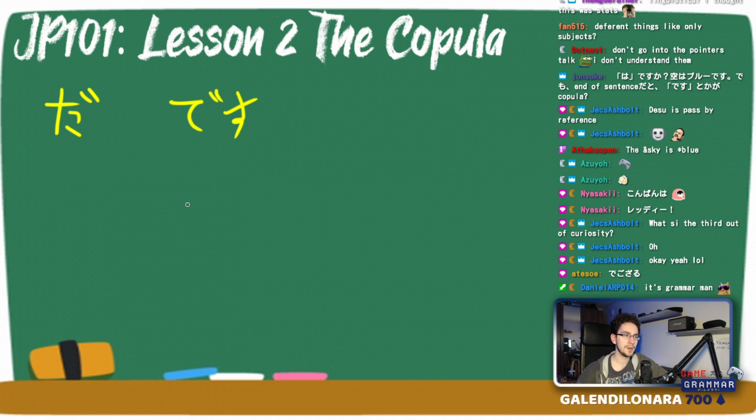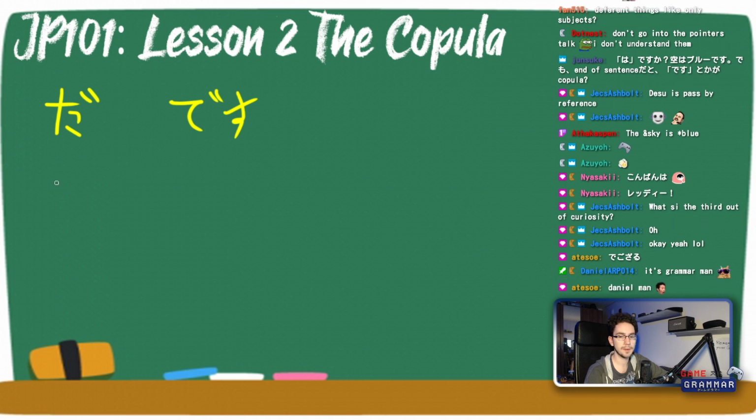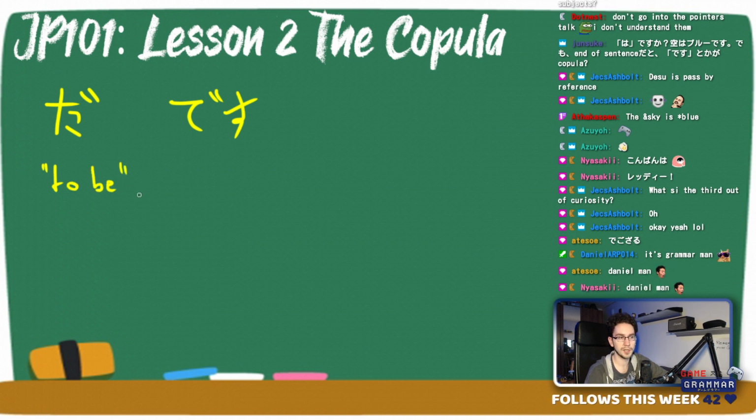Oh, by the way, before I erased it, you saw earlier that sometimes in English, is, which is to be, the verb to be, can be the copula. It's not always.